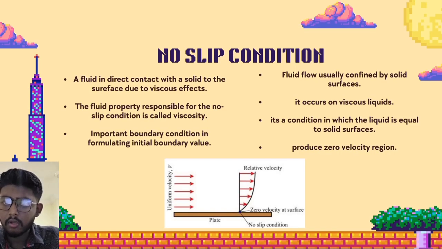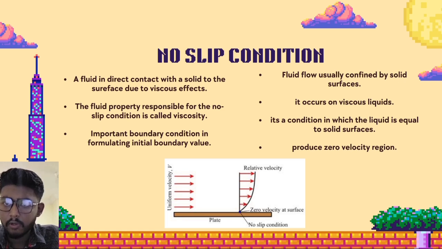Next, I'm going to talk about the no slip condition. There are 7 points about no slip. First, the fluid is in direct contact with the solid surface due to viscous effect. Next, the fluid property responsible for the no slip condition is called viscosity.